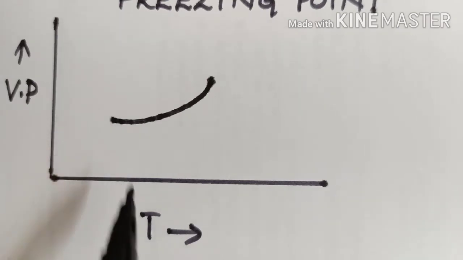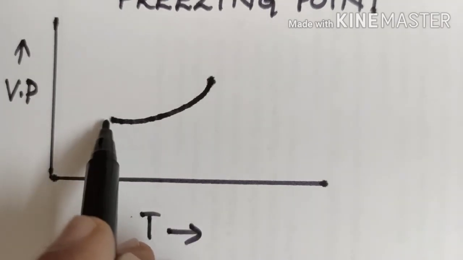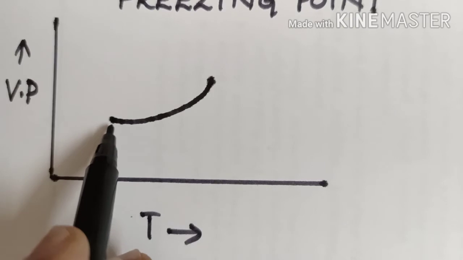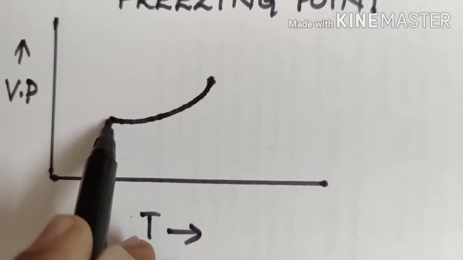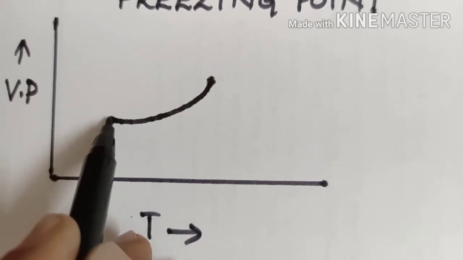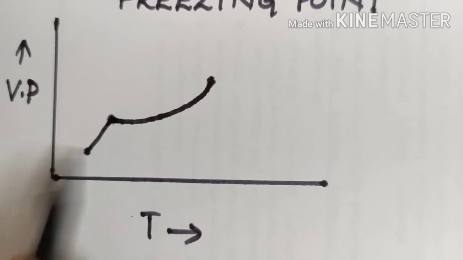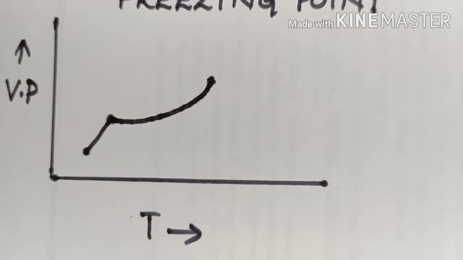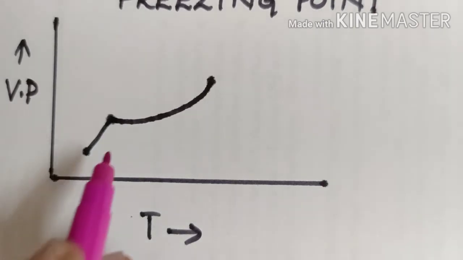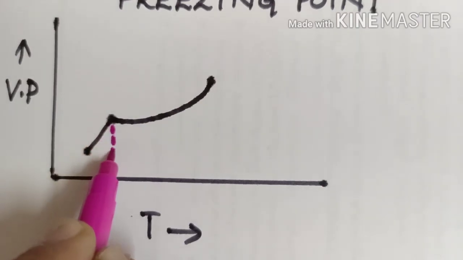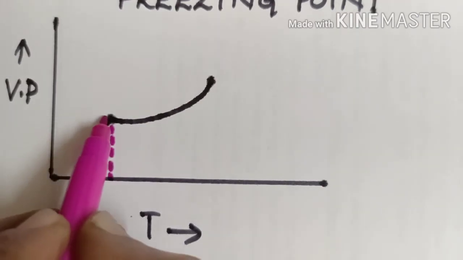So at a particular point, you find that it will change its slope. So it has a break in the curve and it starts cooling rapidly. So this particular point is known as the freezing point of that liquid.